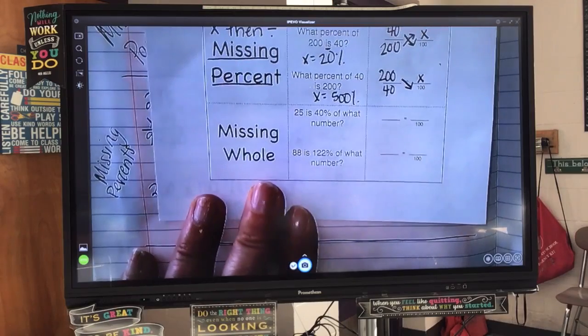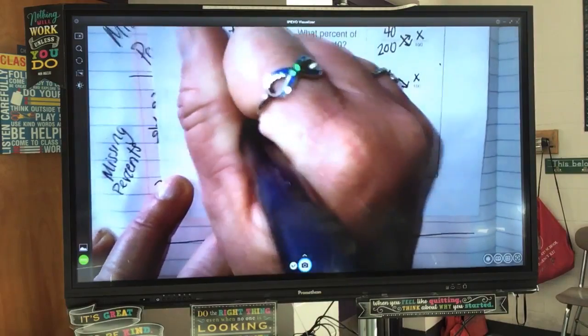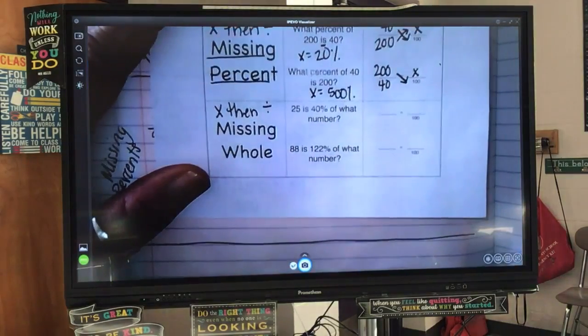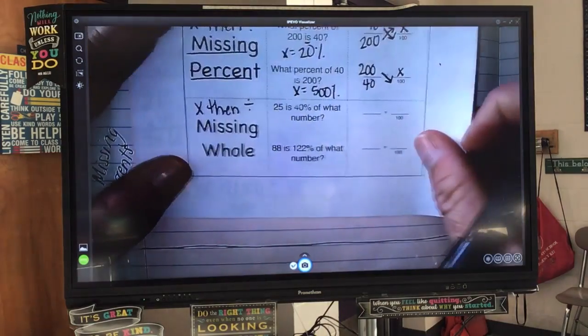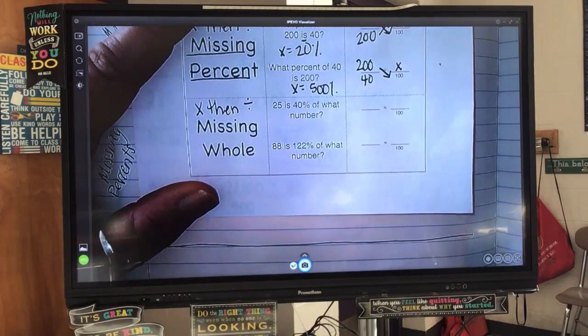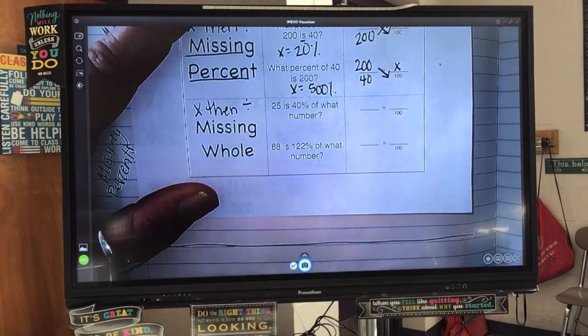All right, and then same thing with the missing whole. You're still doing the multiply then divide. So you're looking at 25 is 40% of what number? For the missing whole, where is our X gonna go? Bottom left corner.